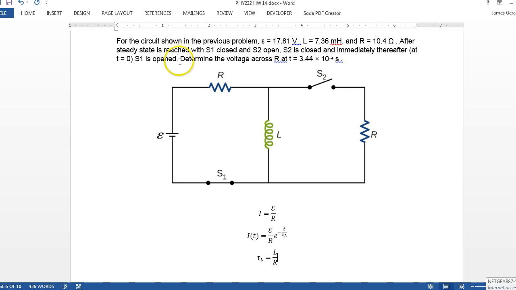And the question in this problem is to determine the voltage across R at a time t equals 3.4 times 10 to the minus 4 seconds. Well, the voltage across R you just get from IR, right? And so that's just going to end up being script E, the EMF, times this exponential decay.